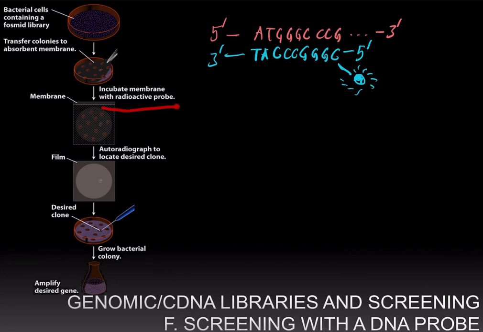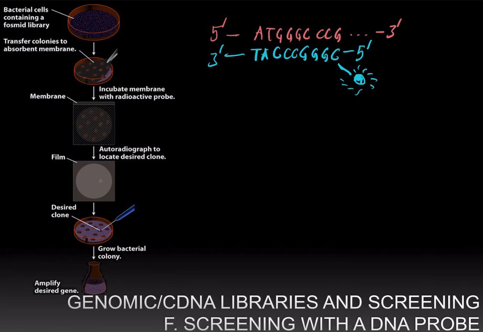Now you take this membrane and you incubate this membrane with your radioactive probe. The radioactive probe will go and bind to those colonies that contain the DNA sequence that's complementary to our probe sequence. That is, the probe will only go and bind those colonies that contain the gene that we are interested in identifying.